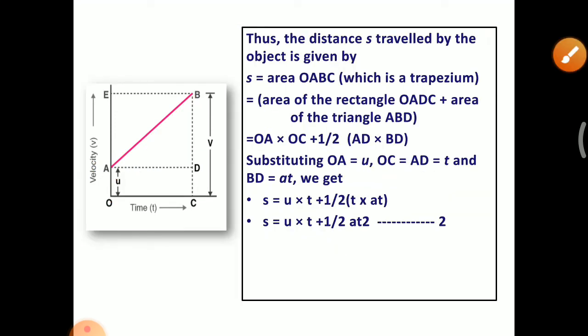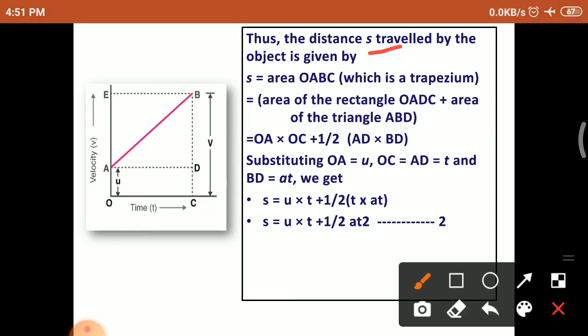The distance is represented by the letter S. So the distance S traveled by the object is given by S equal to area O, A, B, C. This is the area O, A, B, C, which is a trapezium.